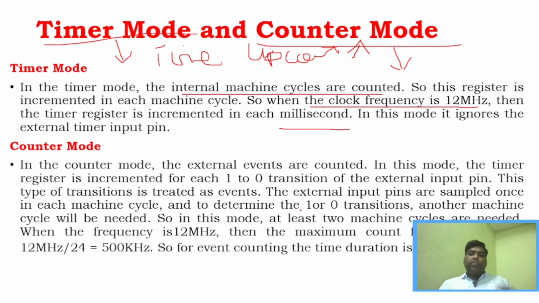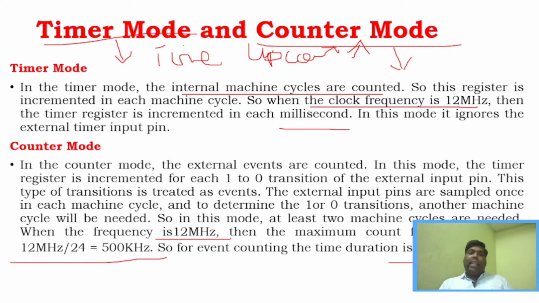So in this mode, at least 2 machine cycles are needed for every transition. In that case, when the frequency is 12 megahertz, the count frequency will be 12 divided by 24, which will be 500 kilohertz. So the counting time duration here is 2 microseconds. So as of now, you understand what timer mode is and what counter mode is.